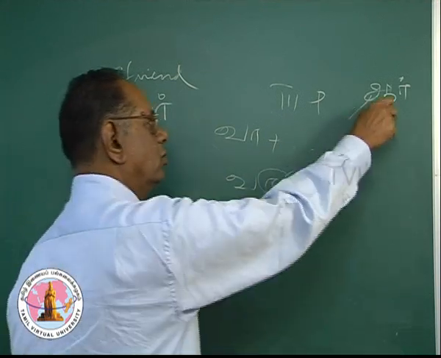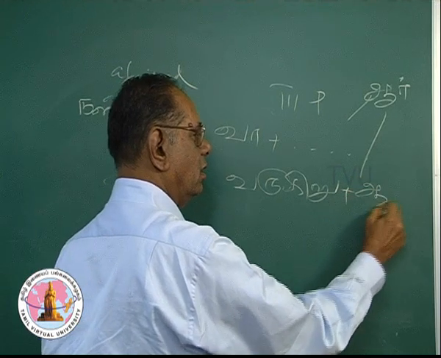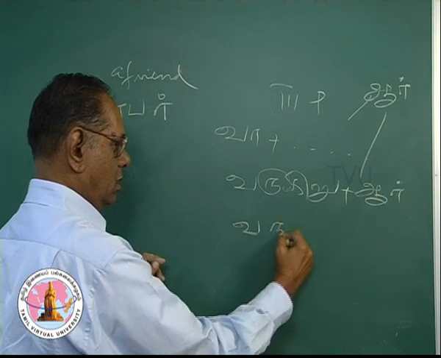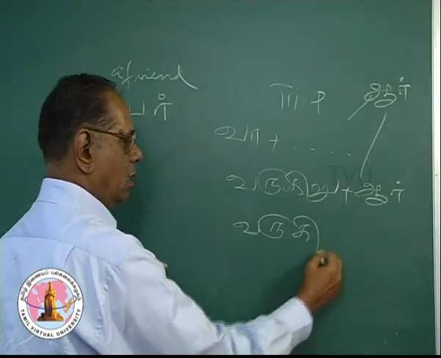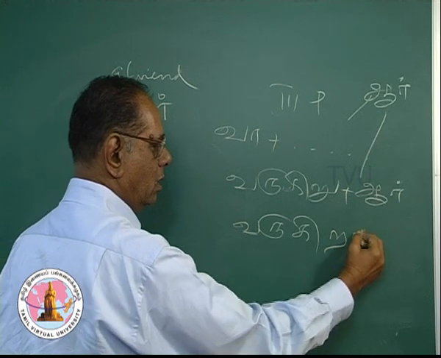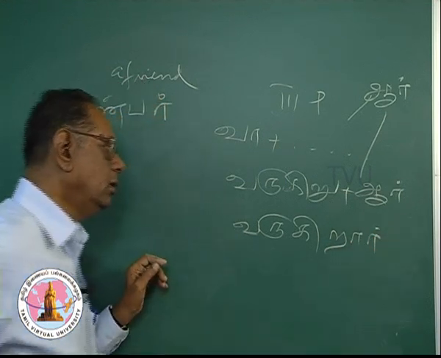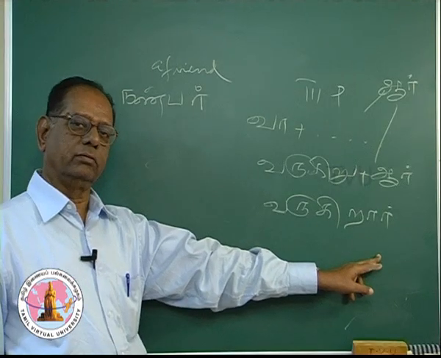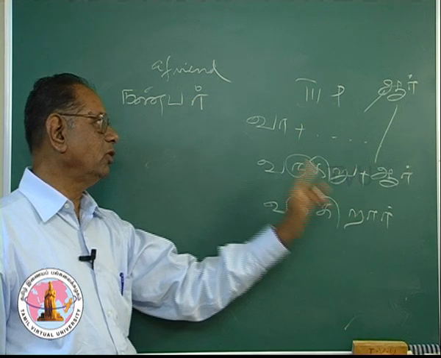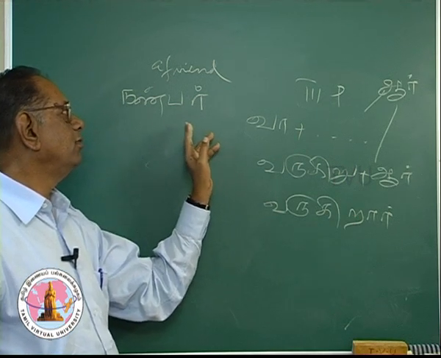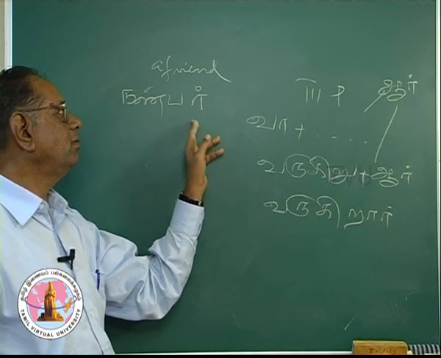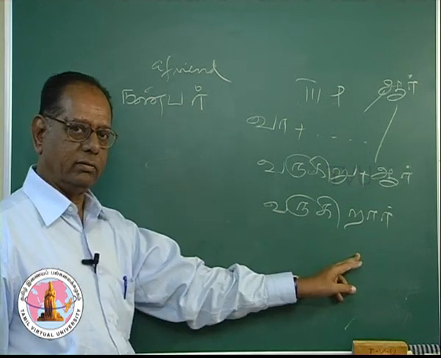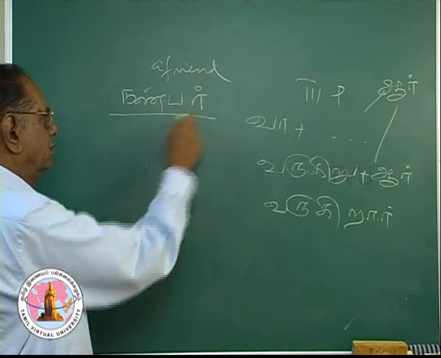Now you have to have this suffix. நண்பர் வருகிறார். With all due respect, I give it to the friend. I make use of the term நண்பர். நண்பர் வருகிறார். Let me replace it.